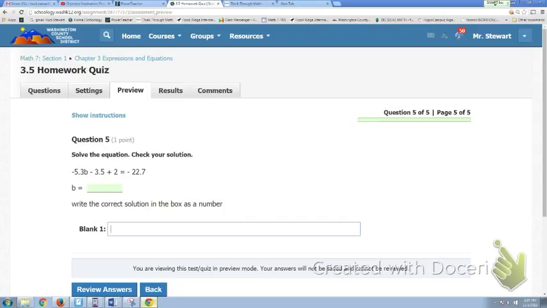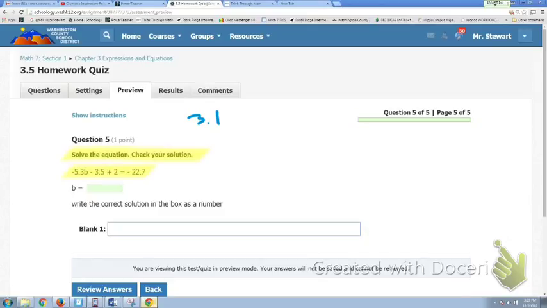Okay, in this case, again, this is what we would call a multi-step equation. Taking a look at this doesn't throw me off too bad. This is now going to draw you back to the 3.1. 3.1 is all about combining terms that are alike.